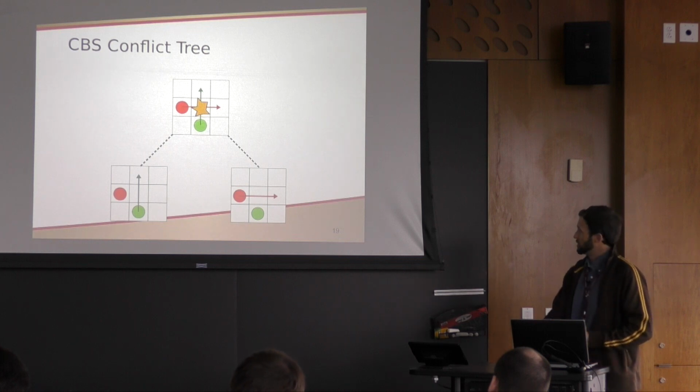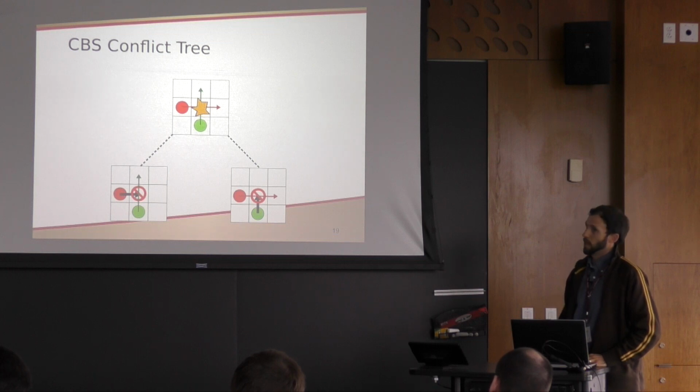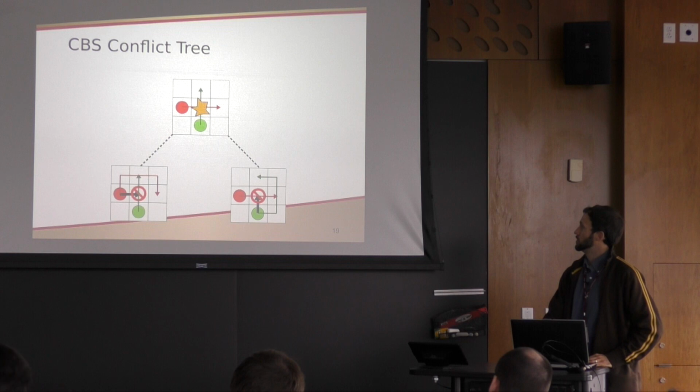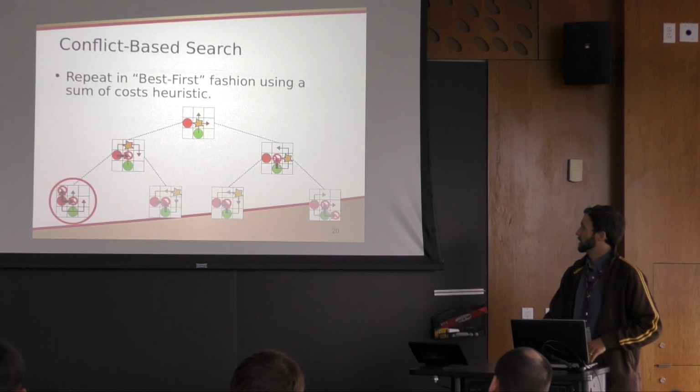And for each of the agents in the conflict, we place a constraint that it can't move into the same place that caused the conflict, and then we plan around that conflict. And then we do another collision check, and we continue this in a best-first fashion until we find a solution with no conflicts.